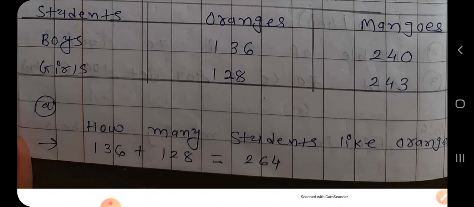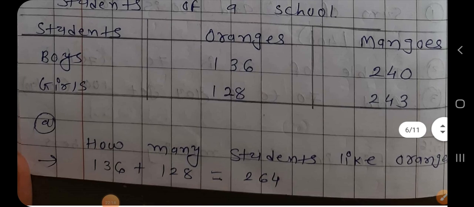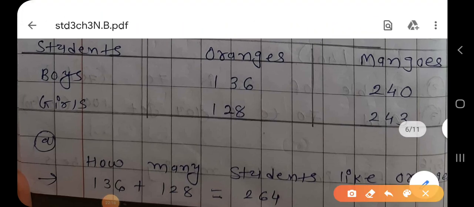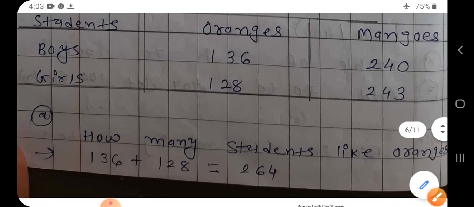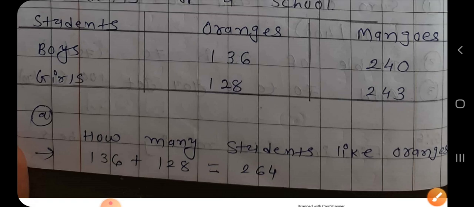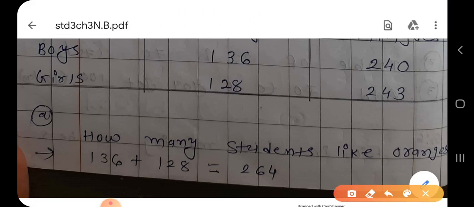The first question is, how many students like oranges? Here you can see that a total of 136 boys and 128 girls like oranges. To find the total number of students who like oranges, we have to add 136 and 128.